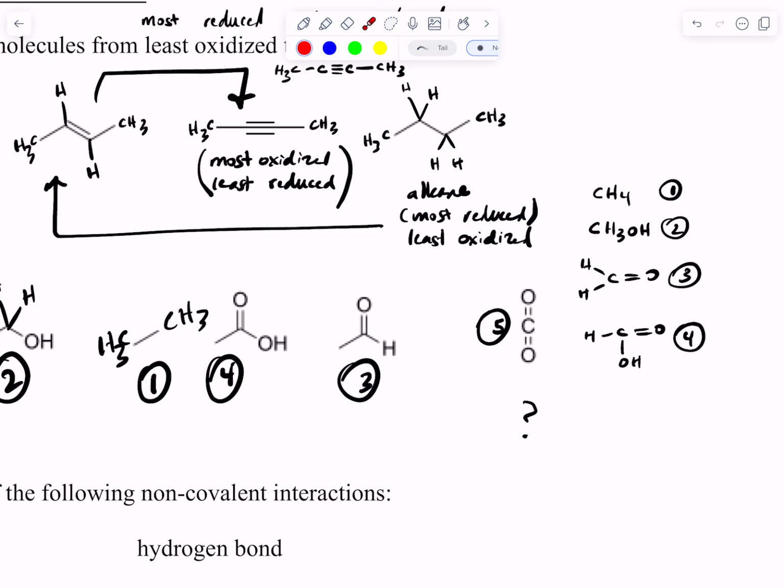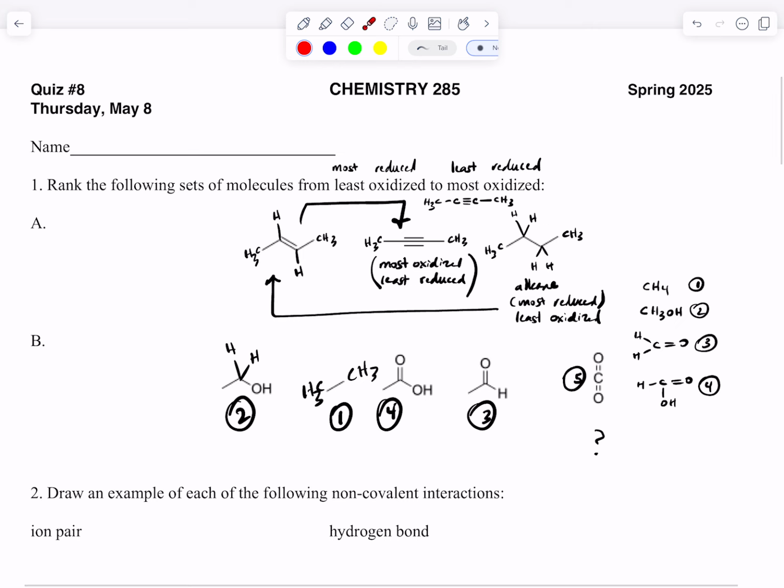You can just light sugar on fire and it'll burn and become CO2. But of course, that's not a controlled way to do it. You won't get a lot of usable energy out of that. But it's important to realize that what your body is doing when it's metabolizing things is trying to oxidize things from alcohols to aldehydes to carboxylic acids to CO2. Okay? Any other issues we need to talk about there?